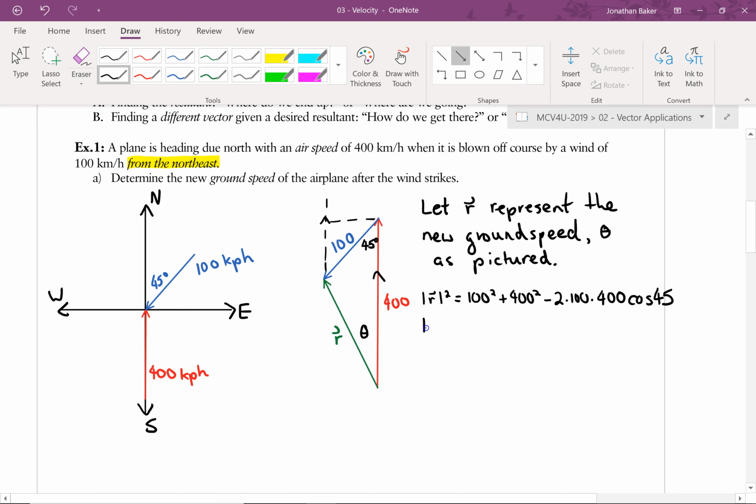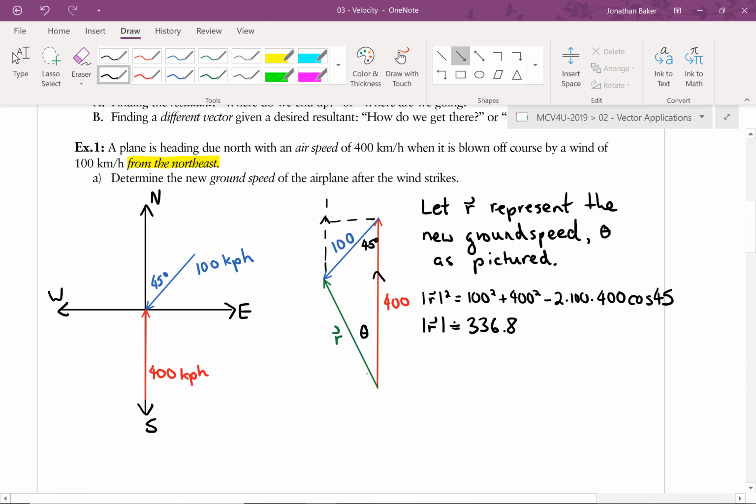Number crunching, once all is said and done, we get 336.8. That's what you should get. Crunch out the numbers yourself and make sure you get the right answer there. That gives us our magnitude of R, which is great.